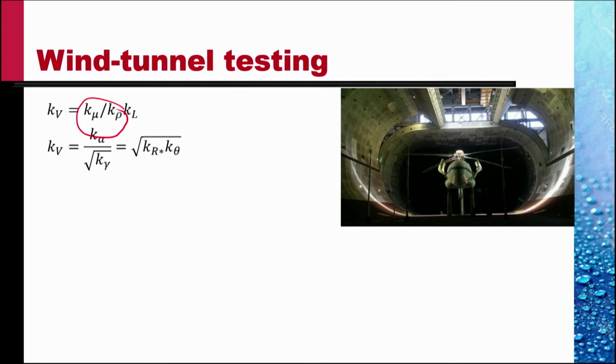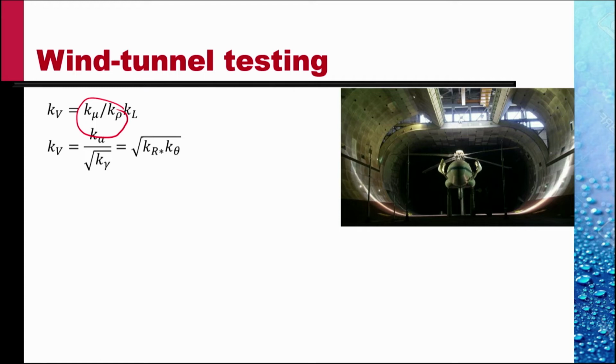If we pressurize the gas, if we pressurize the atmospheric air so that the density increases, the viscosity mu does not change appreciably, even when we increase the density by a factor of 10 or so.